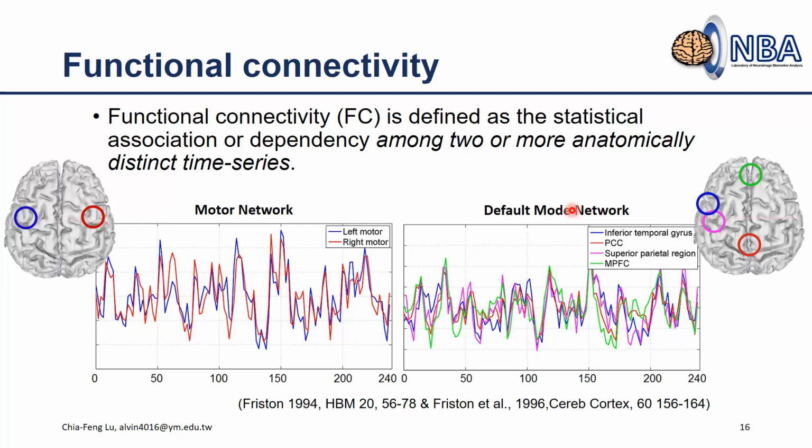It is more like going inside yourself, which is called the self-referential state. I think functional connectivity is the way we can identify whether several regions collaborate with each other to form a network, such as the so-called motor network between the two hemispheres, or the default mode network during the resting state. It is a statistical way we can do this.